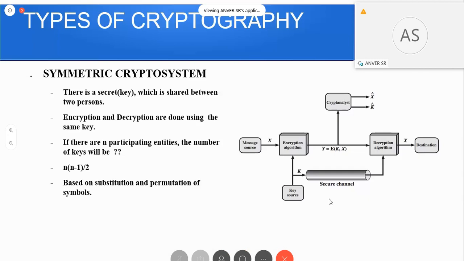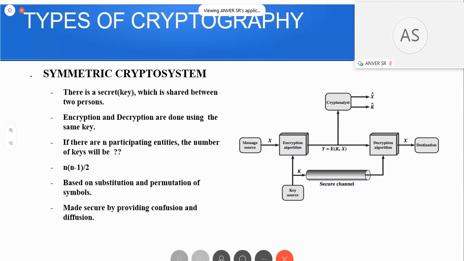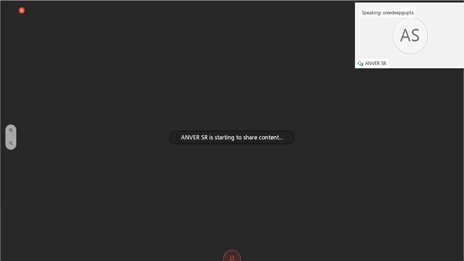Hello, Anwar sir. Your audio is not audible, sir. The screen sharing is not audible. Okay, fine. Are you getting the PPT? No, sir. Yes, it is showing that the content is being shared to us. Is it coming? Yes, sir.